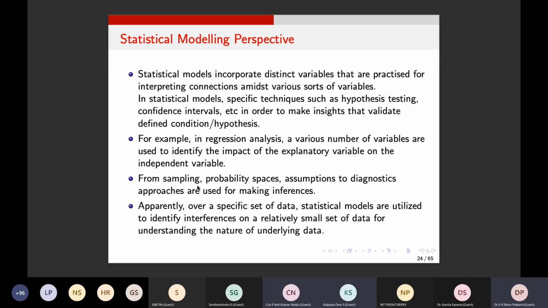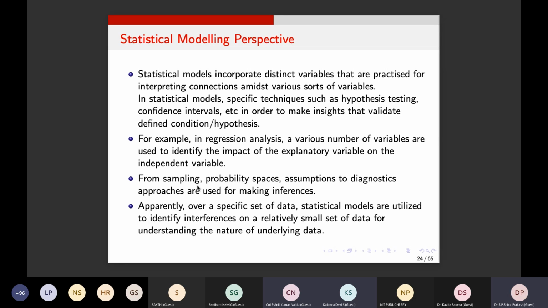So apparently, over a specific set of data, the statistical models are utilized to identify inferences on a relatively small set of data for understanding the nature of the underlying data.